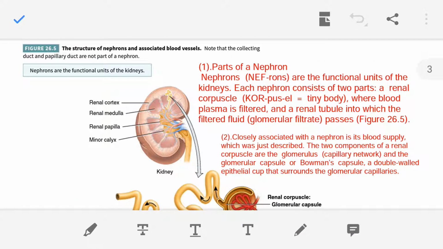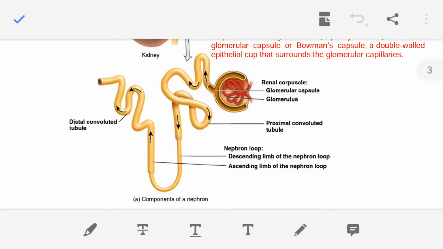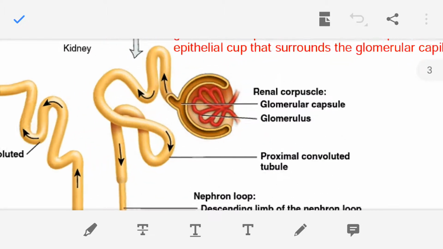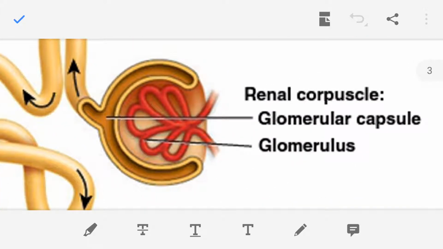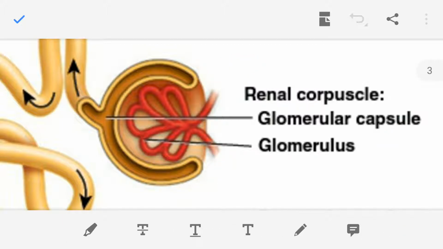For example, on screen you are looking at the entire nephron, and the initial part, this cup-like portion, is known as Bowman's capsule, also known as glomerular capsule. Now we know that the afferent arteriole enters and the efferent arteriole leaves Bowman's capsule.